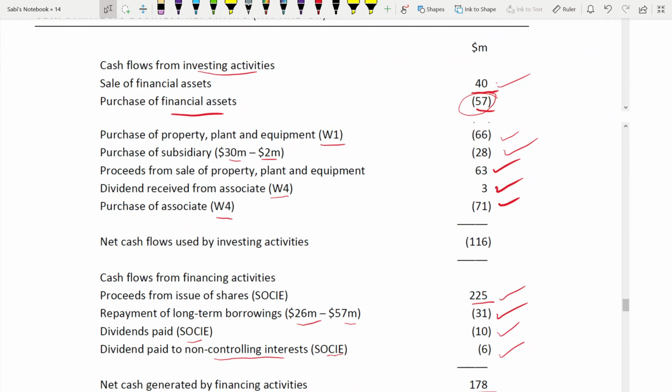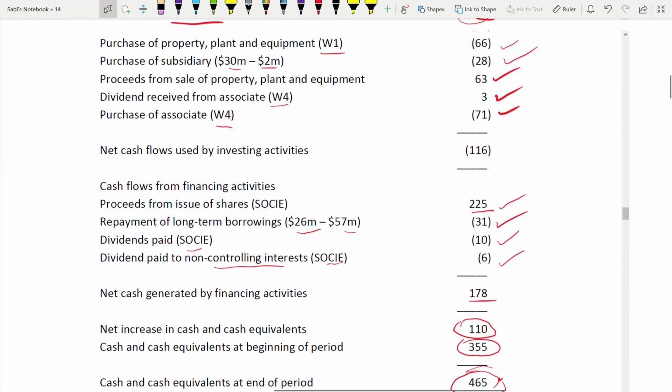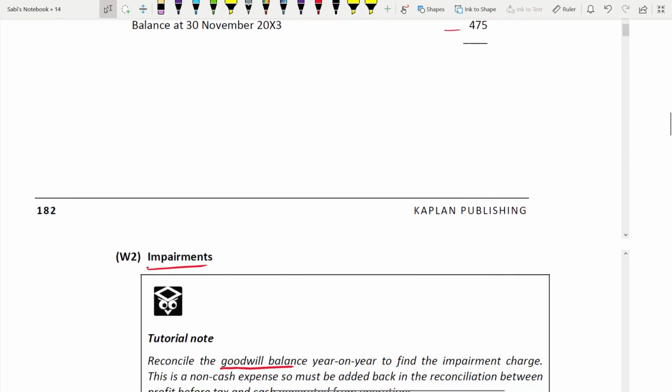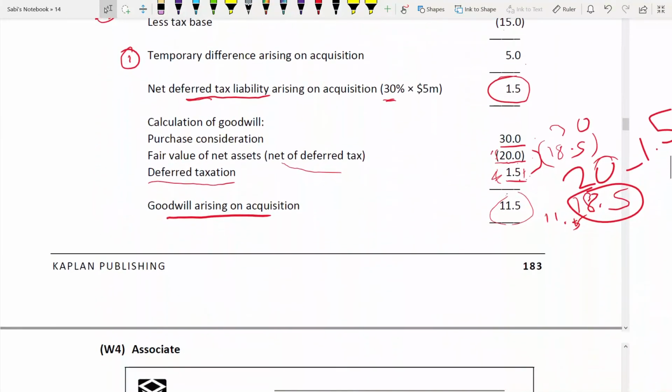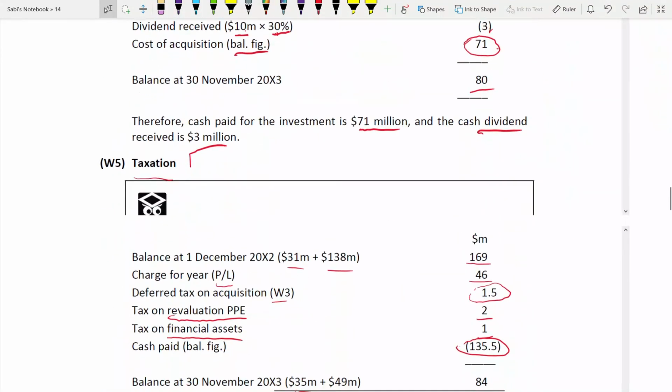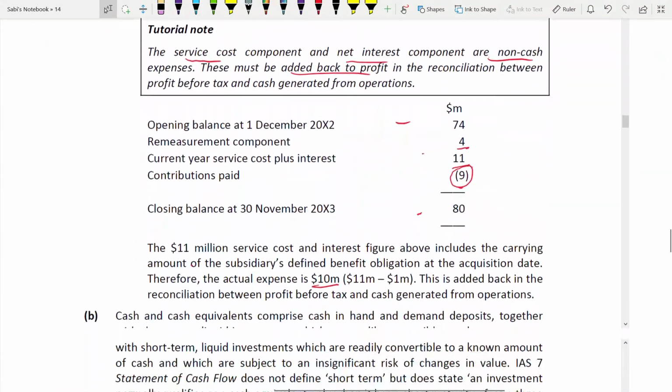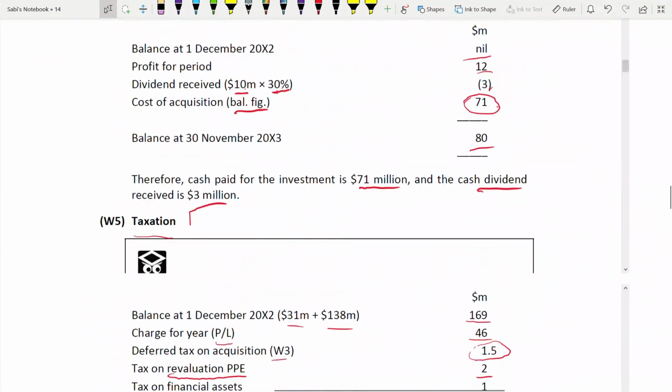Purchase of financial asset 57. Okay. So I think for that there's a working. There is no separate working for it.